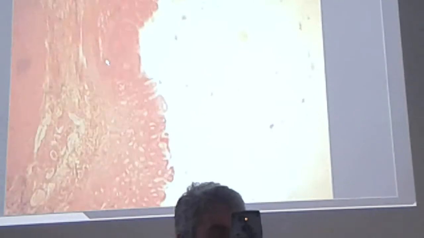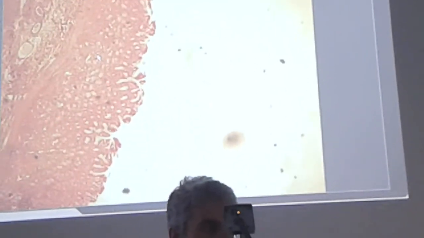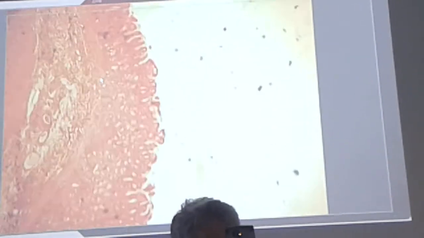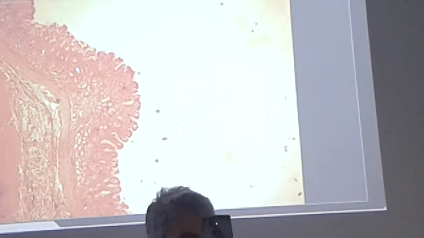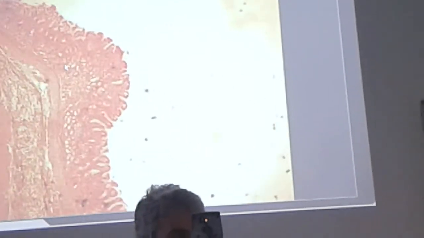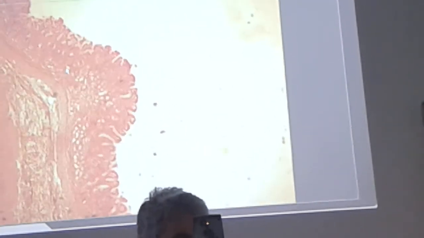That shows me that the first part we were investigating was the cardiac or corpus part of the stomach, but the next part would be more the pyloric section. Those pits are longer and the glands are shorter.